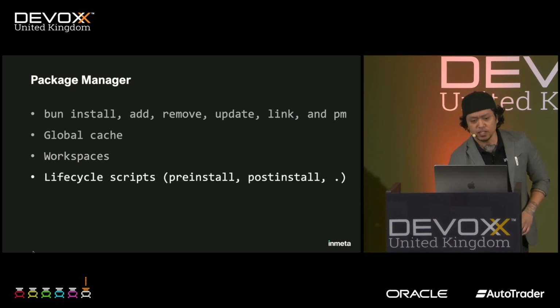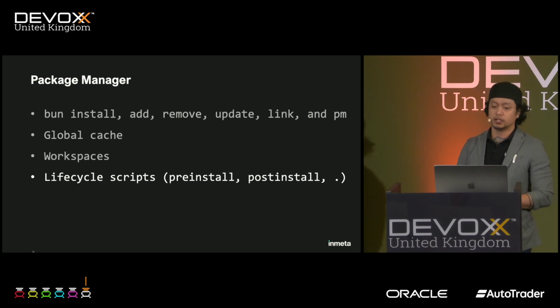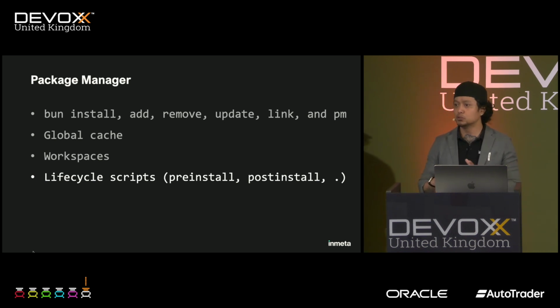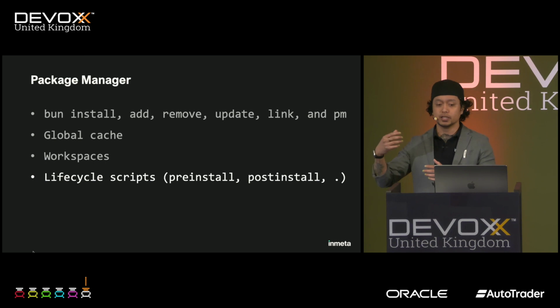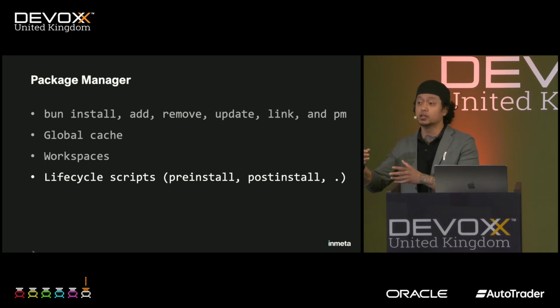Also, lifecycle scripts like preinstall, postinstall, preuninstall, and prepublish. So probably you've used Sass, right? Node Sass. When you install Node Sass, there's a postinstall that will install the binary. That's why it takes so long to install.